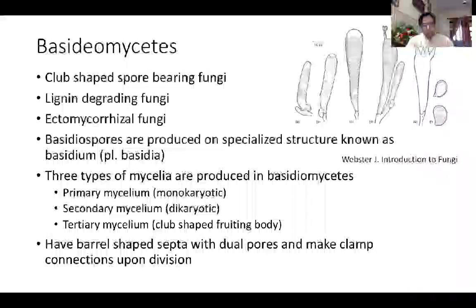So if I conclude all this, Basidiomycetes are the fungi which have club-shaped bodies on which basidiospores are present, and these club-shaped bodies are known as basidia. Then these Basidiomycetes are present in 3 stages: primary mycelium, secondary mycelium, and tertiary mycelium.